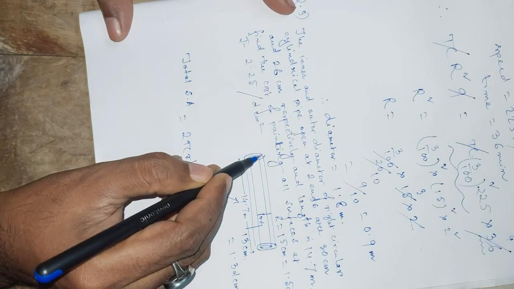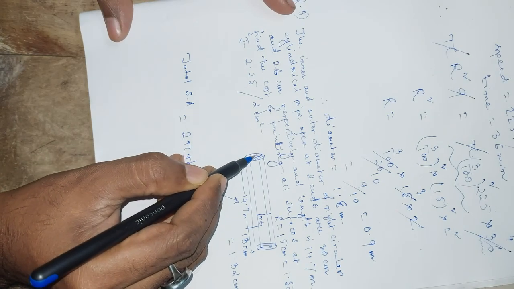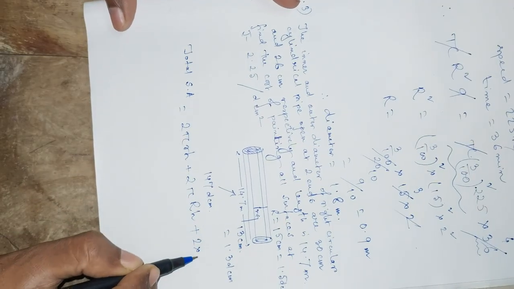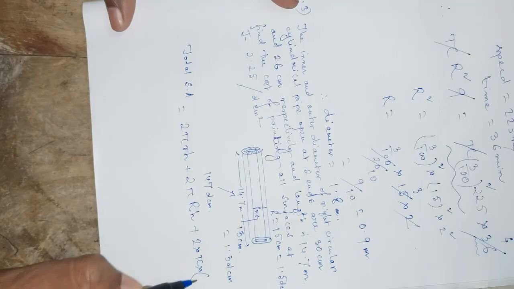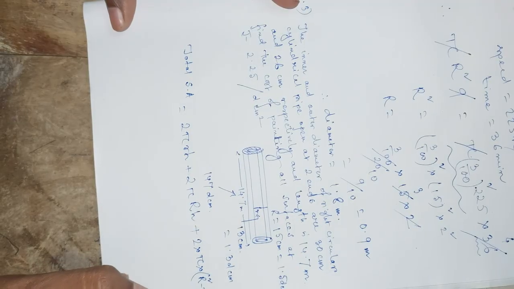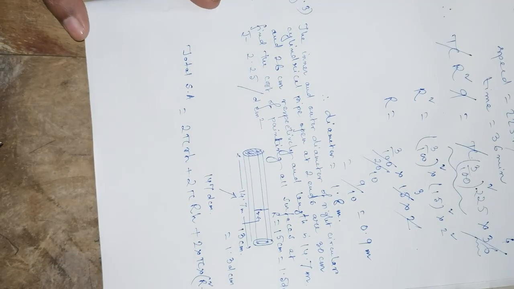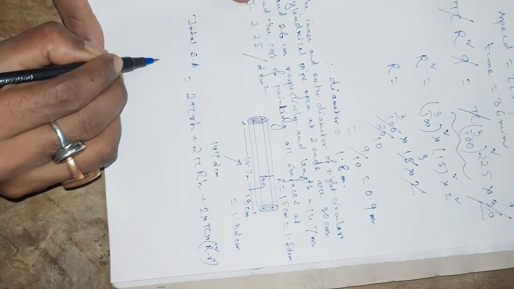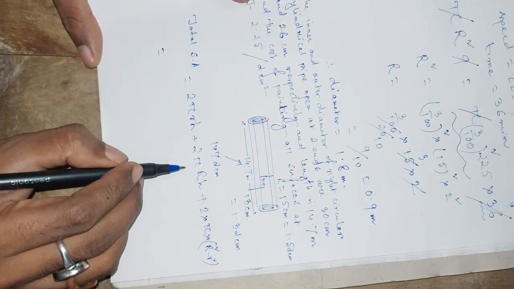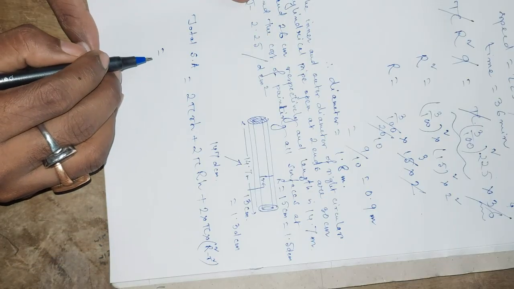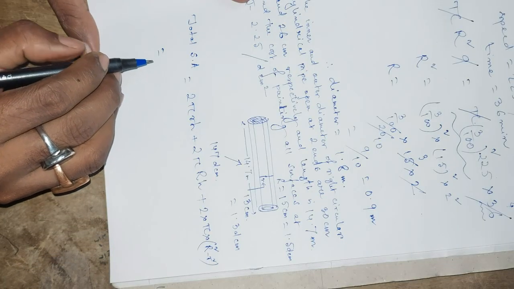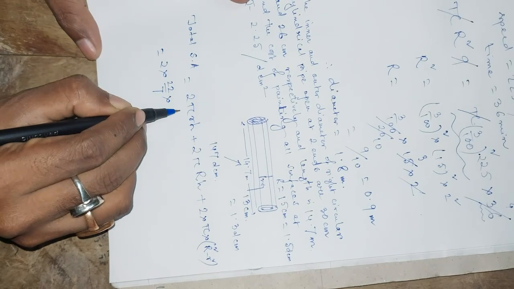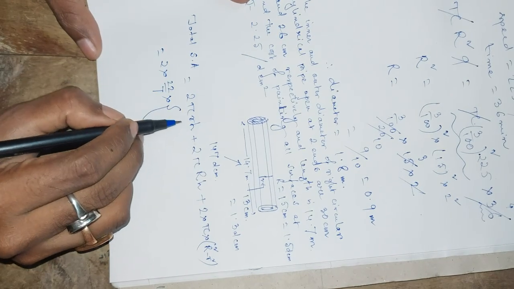Okay, this region is twice, so 2 into pi into capital R square minus small r square. So this is our total surface area. Now if we plug in the values, let us first take 2 pi common. So we are left with r into h.